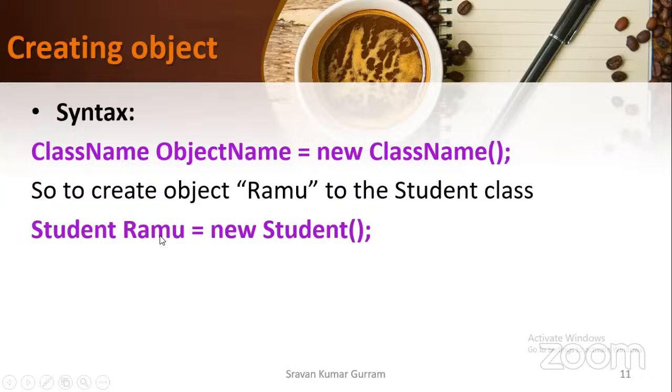Ramu is an object of the class Student, and Ramu can get all the properties of the Student class and all the methods of the Student class. Okay, when you create the object for a particular class, that object will get all the properties of the Student, and all the members you can access.